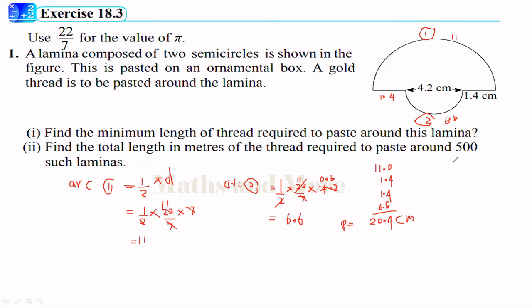If you want 500 such badges, and you paste a gold thread around this, you need 500 such threads. Then you have to multiply this 20.4 by 500. So Roman number 2, multiply 20.4 by 500 and tell me the answer.